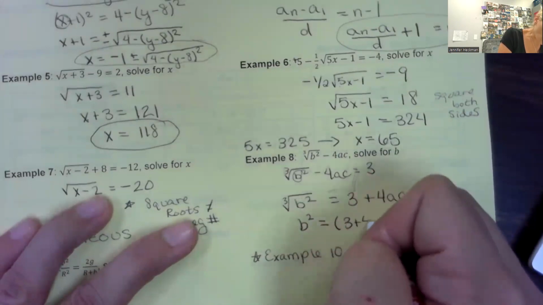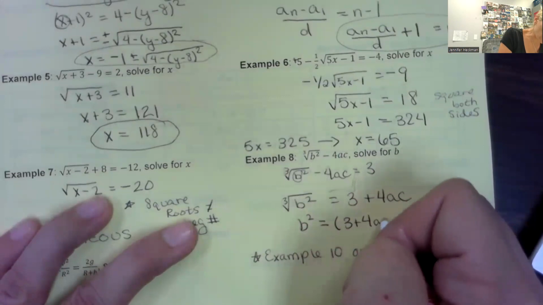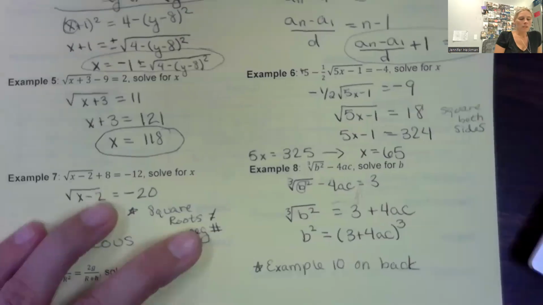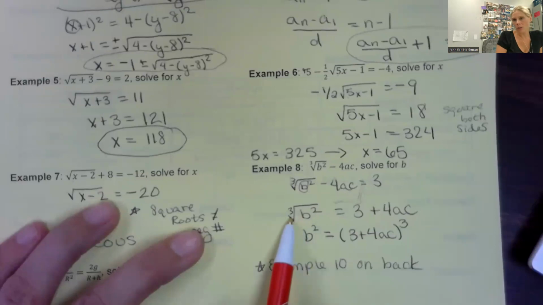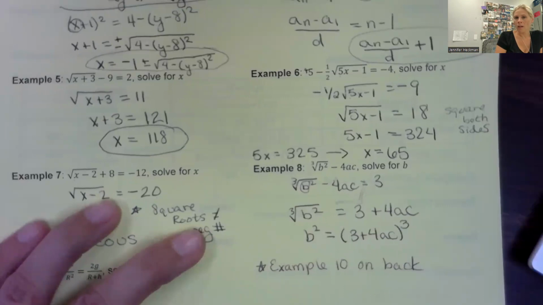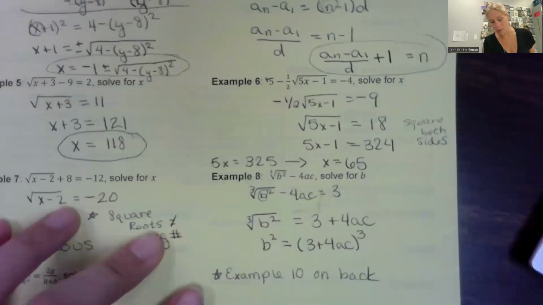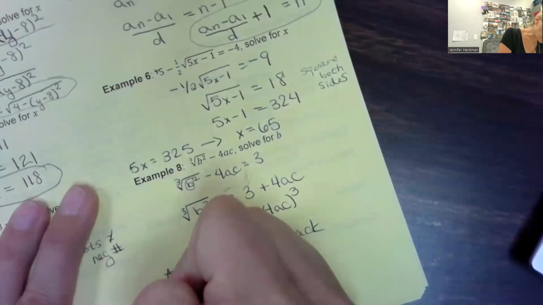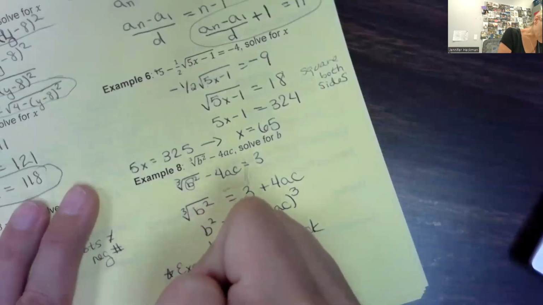Okay, so when you talk about cubing, all you have to do is put it to the third. Okay, so when you have a root, you have to do the whole exponent. Okay, now how do you get rid of a square? We did this already earlier, right? So to get rid of a square, we take the square root.